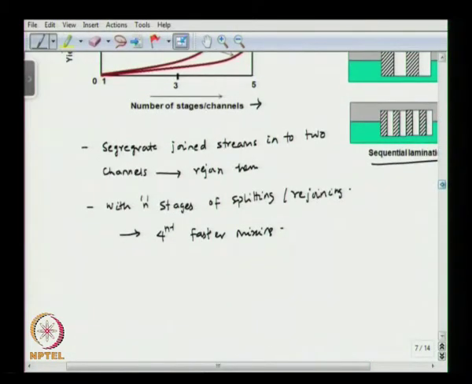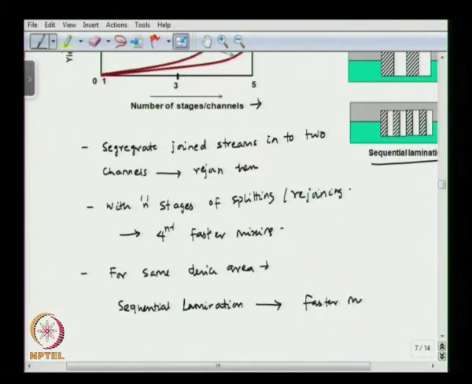Okay. So, what we conclude from here is for the same device area, the sequential lamination offers faster mixing. Okay.